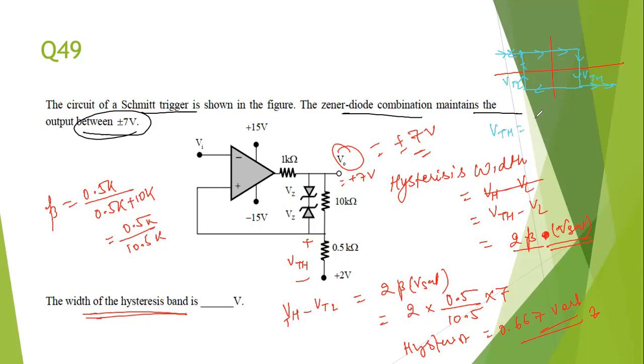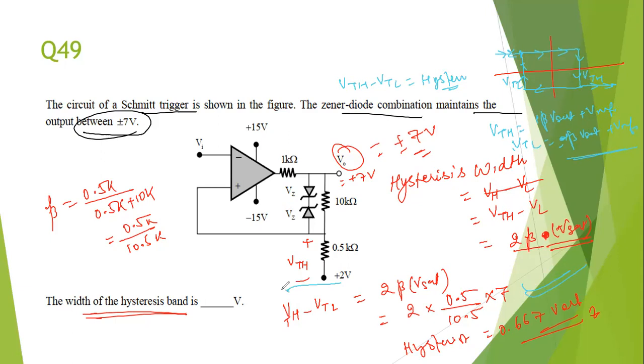Plus beta V saturation plus V reference. VTL is equal to minus beta V saturation plus V reference. So VTH minus VTL is your hysteresis width, and just solve it, you will get this.